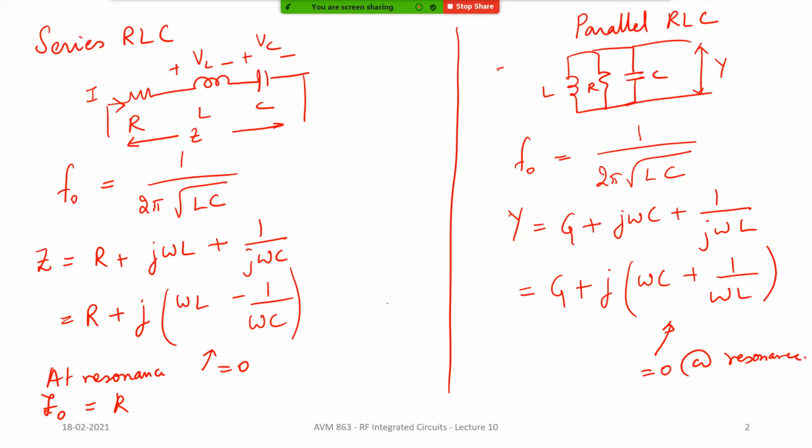Whereas here the voltage is the same, but the currents IL, IC and IR will be different. Okay. So how are they related? Let's take the series RLC for example. At resonance, how can you write VL as a function of the other voltage?